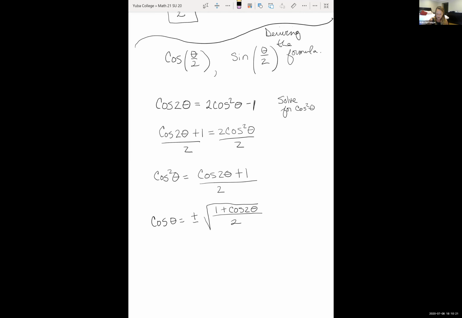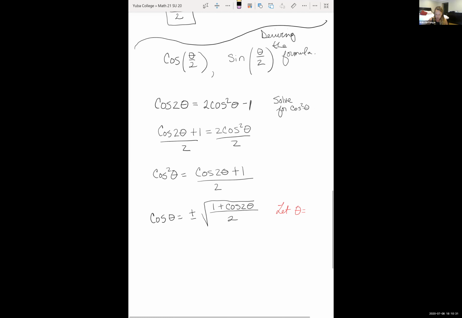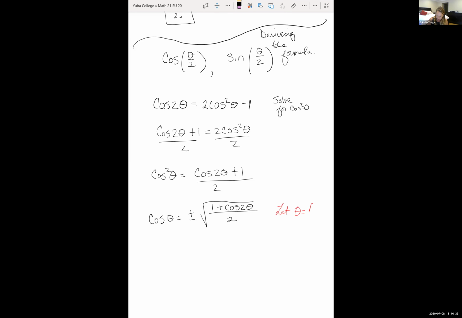Before we do that, let theta equal a divided by 2. Wherever we see a theta, we're going to replace it with a over 2.